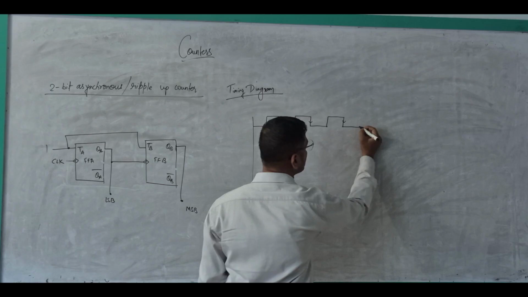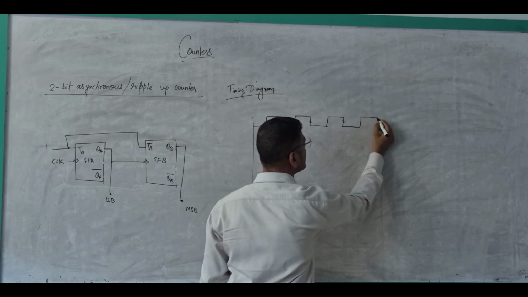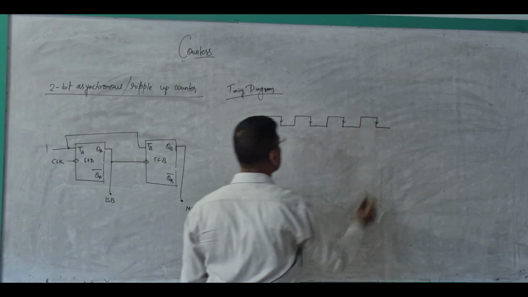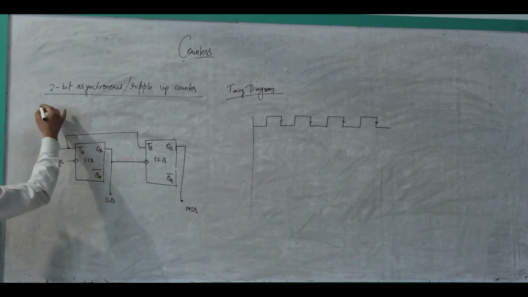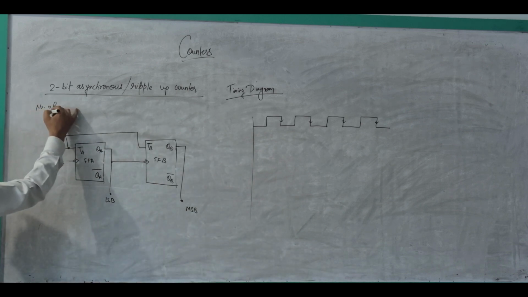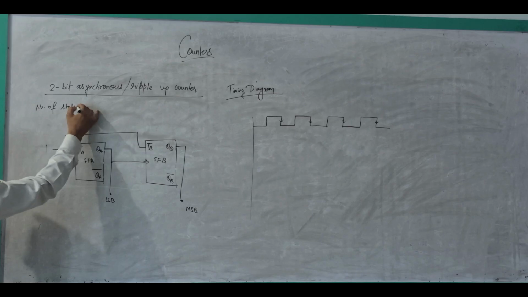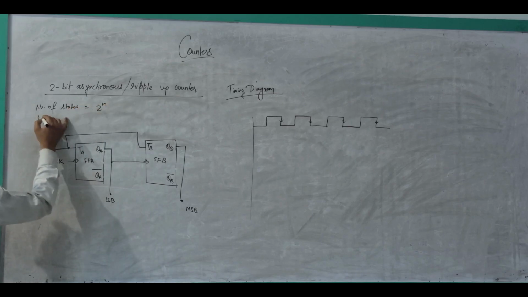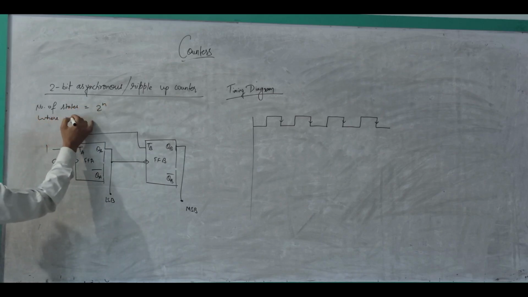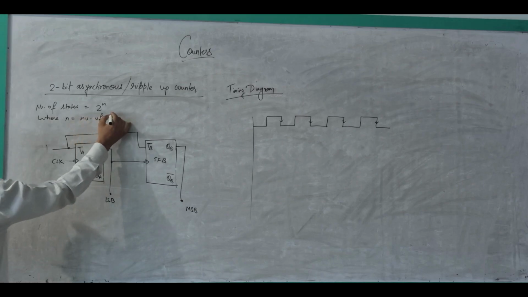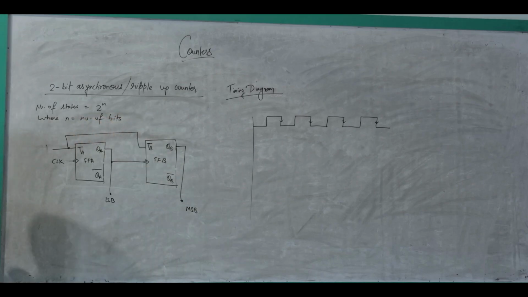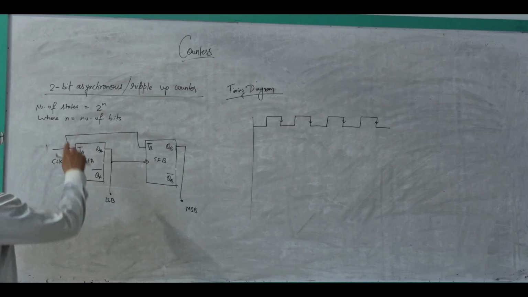I'll teach you this just for instance. I'll teach you one particular equation. The number of states is given by 2 to the power n, where n is equal to the number of bits. So you have 2 bits and n value 2. So 2 squared will be 4.